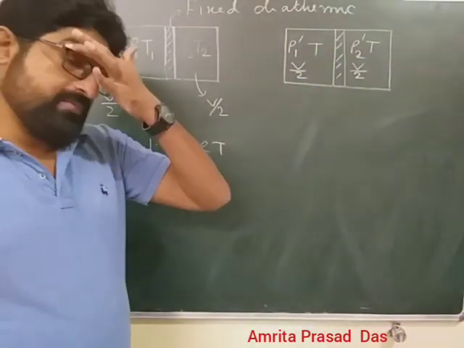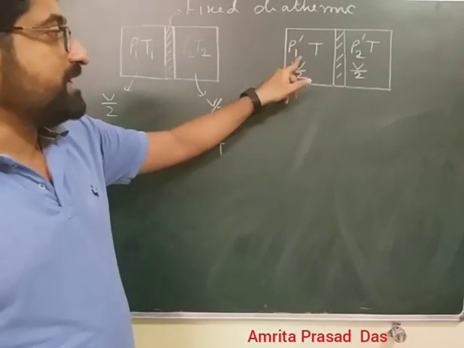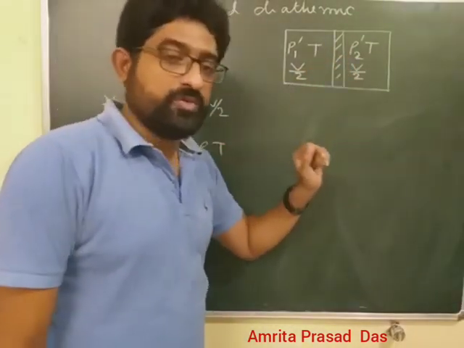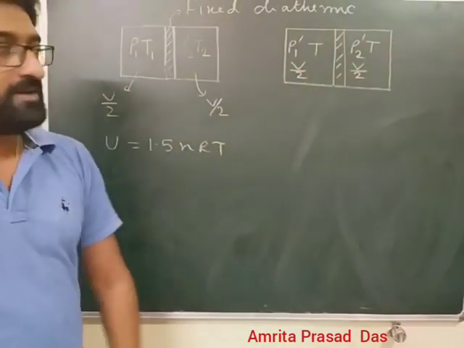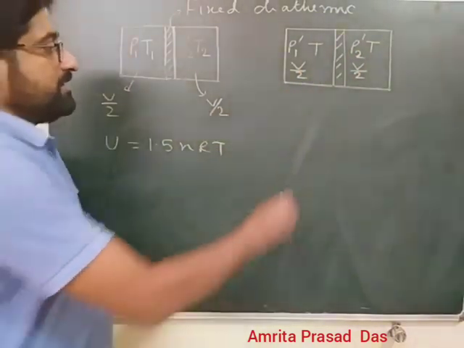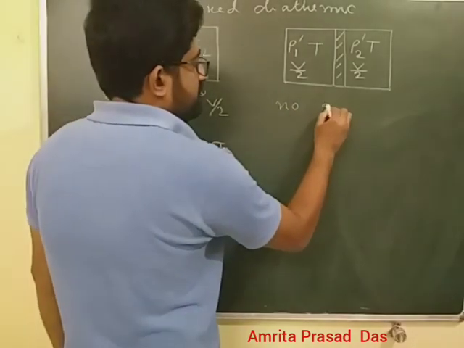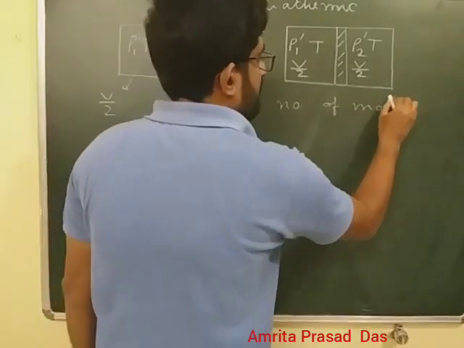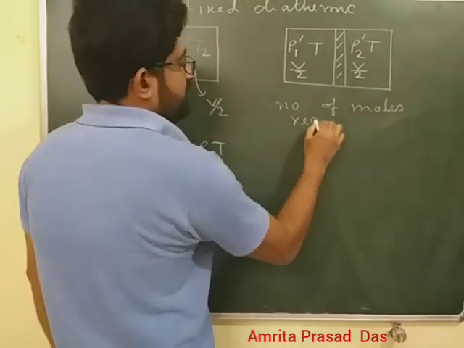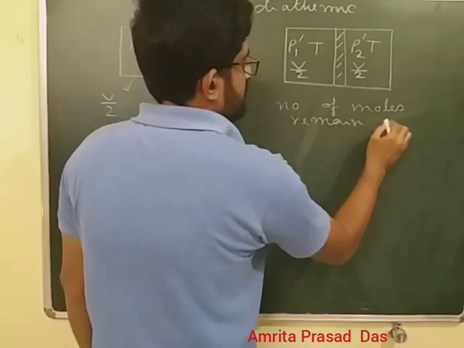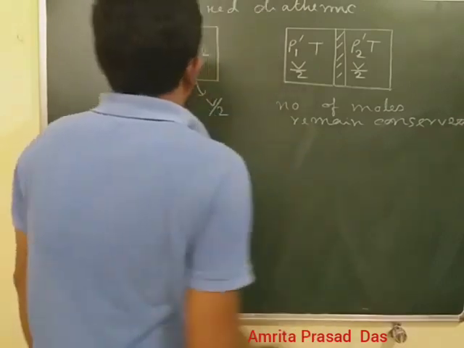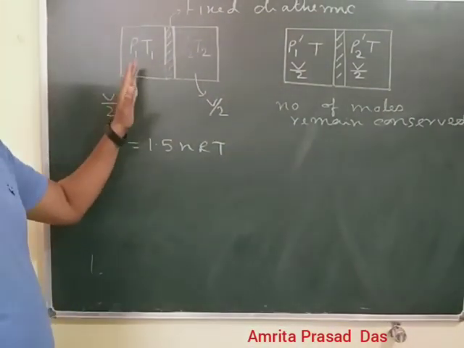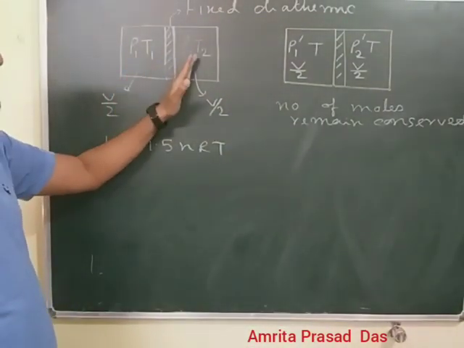Now in this problem you have to find out P1 dash, that is the final pressure, P2 dash, that is the final pressure of the other chamber, and the common final temperature attained by them. Number of moles remain conserved. Let N1 moles of gas be here and N2 here.